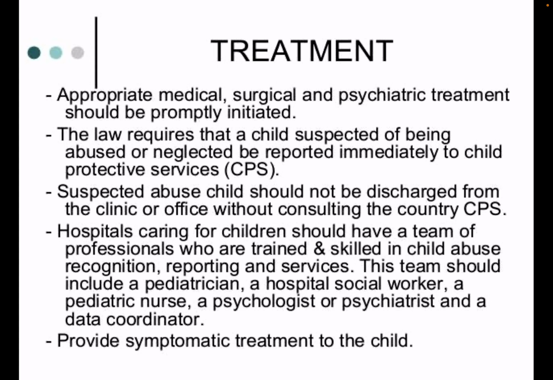The law requires that a child suspected of being abused or neglected be reported urgently to Child Protective Services if these services are available. A suspected abused child should not be discharged from the clinic or the hospital without consulting the country's Child Protective Services.